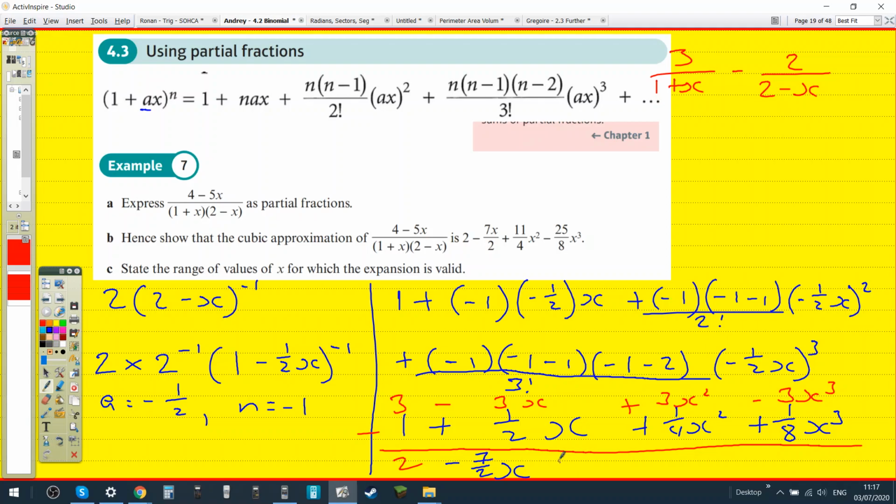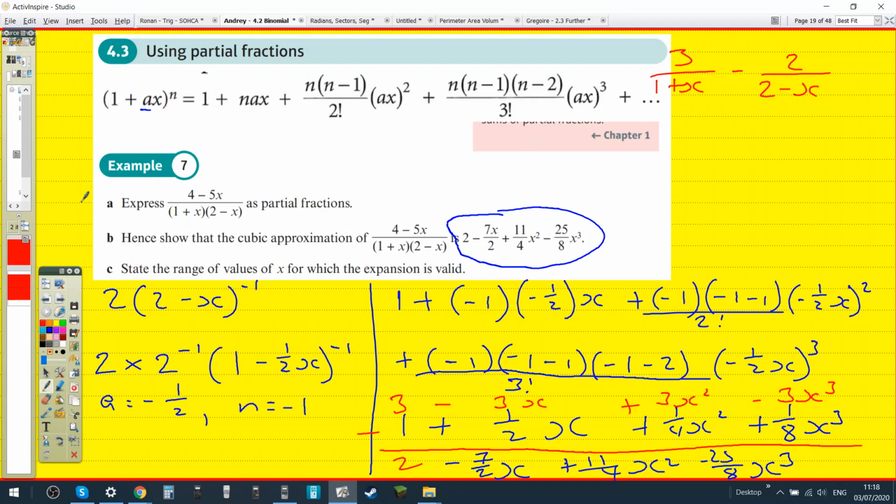Yeah, 11 over 4. And then minus 3.125. Yeah, minus 25 over 8 x cubed. And what were we supposed to get? Yeah, the answer they wanted, basically. Yes.